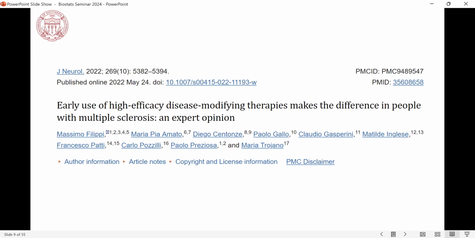In 2022, in the Journal of Neurology, there was a joint statement from an expert panel about the early use of high-efficacy DMT for MS. They found that for the same drug, the effect size, if you use it in the early stage, is about 5 times stronger than in the later stage.